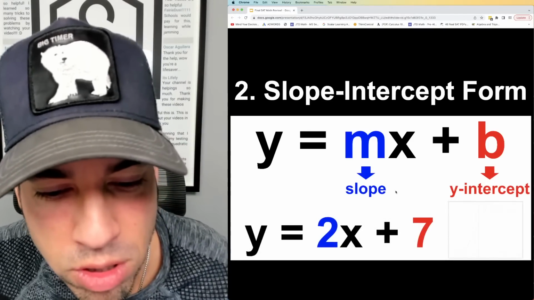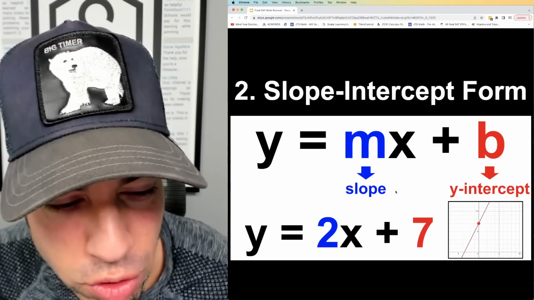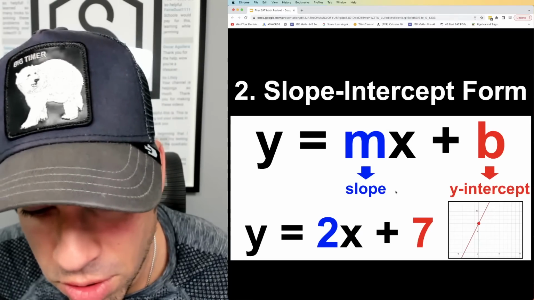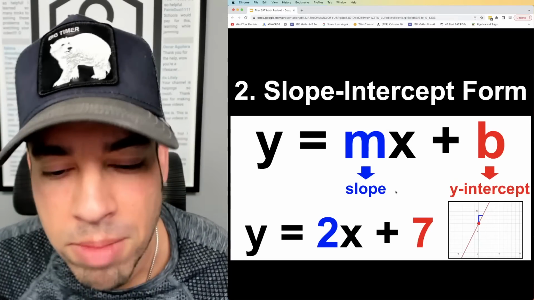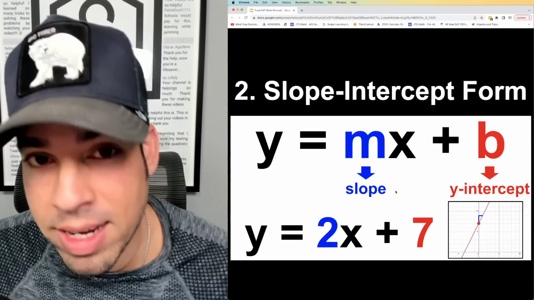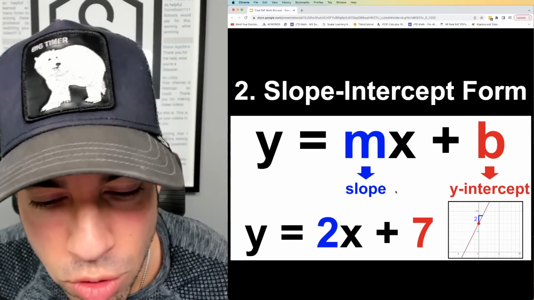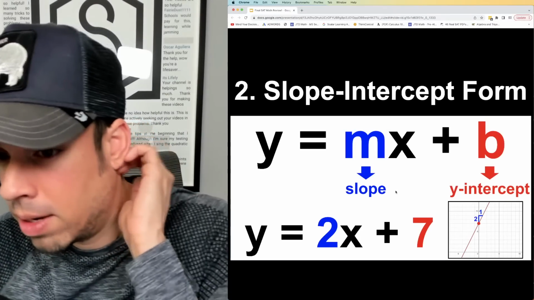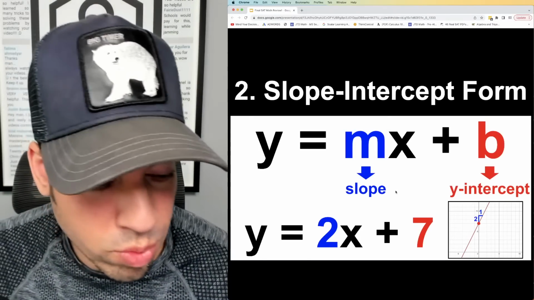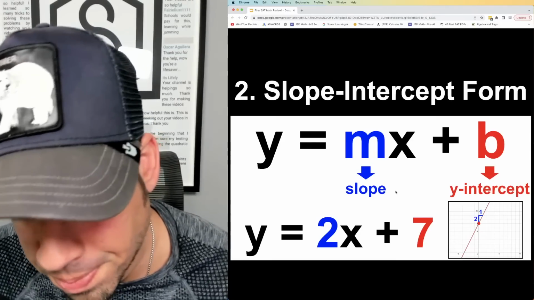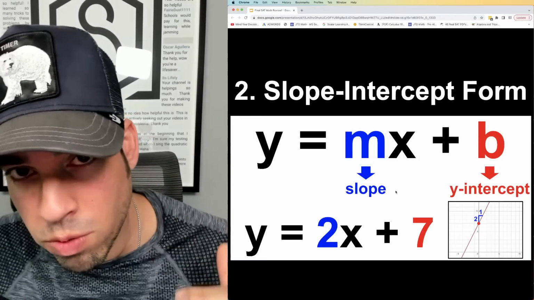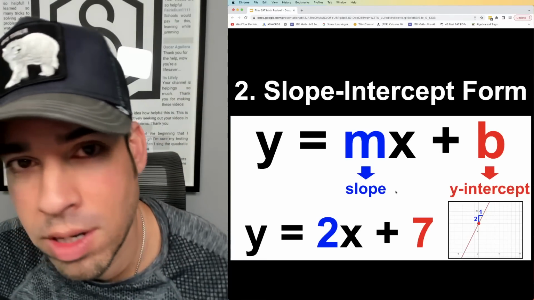For example, here the slope is 2 and the y-intercept is 7, which you can see represented on the graph. A slope of 2 means that to go to the next point, you go up 2 and to the right by 1. The reason for that 1, by the way, is every whole number is really a fraction over 1. So when we say 2, it's really 2 over 1. 7 is 7 over 1, etc.